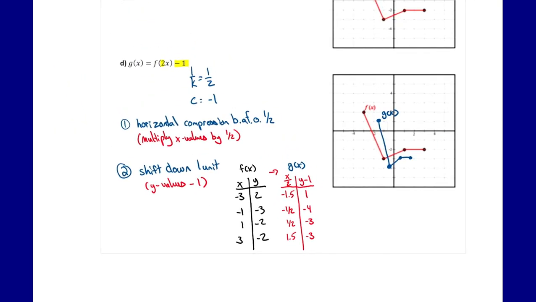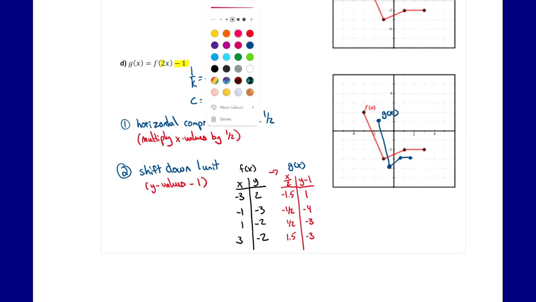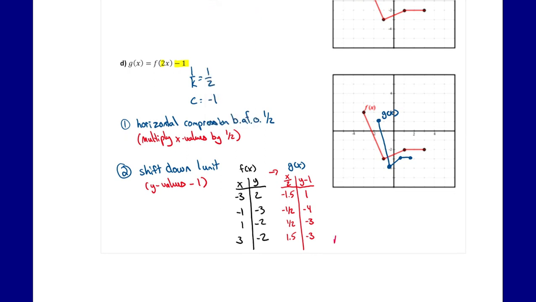So if we do get complex transformations or a lot of transformations, we can always use this idea of mapping notation. Let me put that in there. We'll call this idea of writing out the points mapping notation.